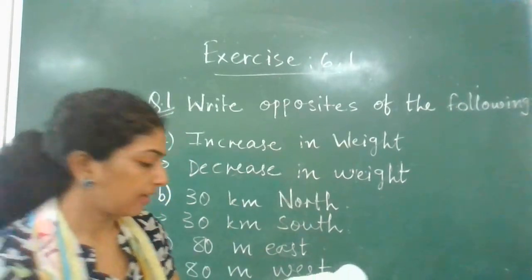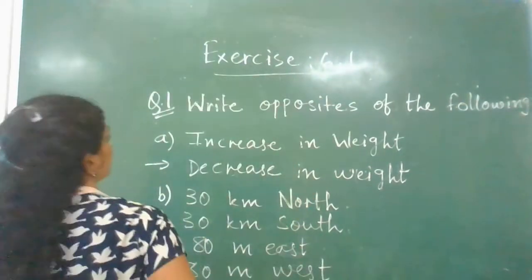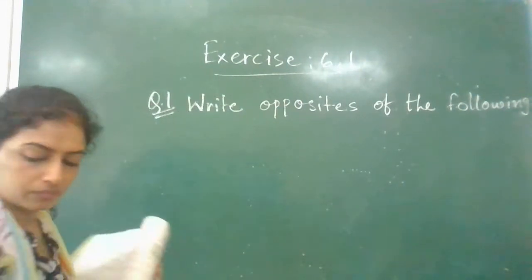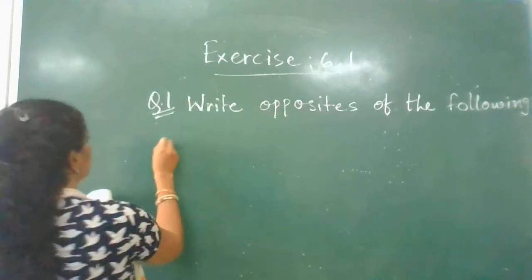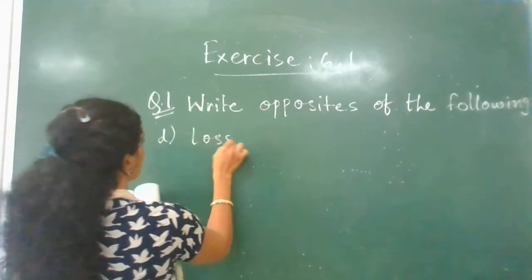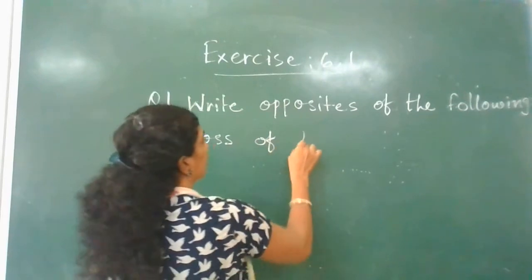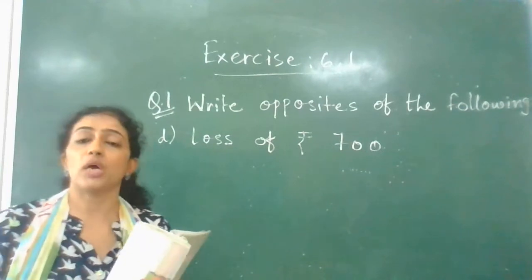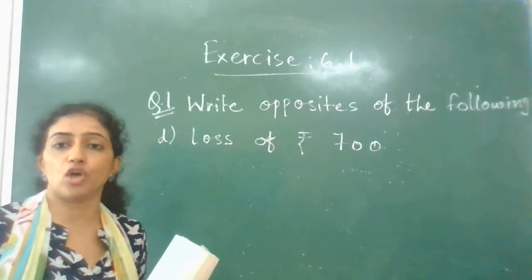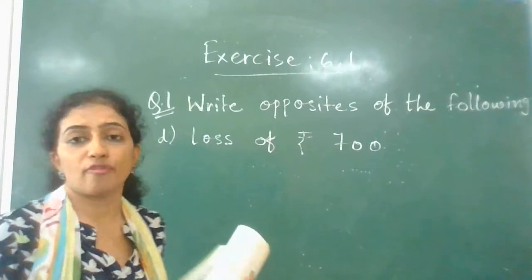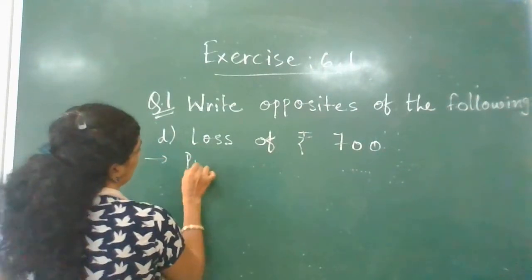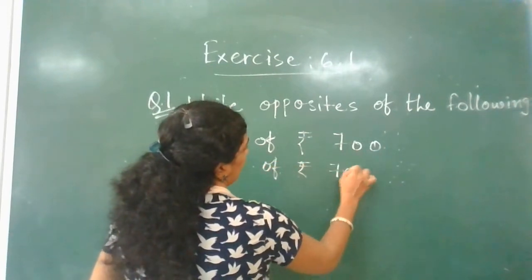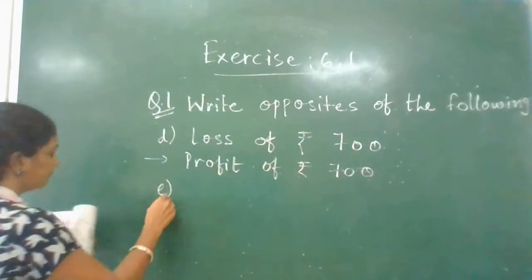Now, the next one, D. Now, D is loss of rupees 700. So, you have to write its opposite. What is the opposite of loss? The opposite of loss is profit. You write profit of rupees 700.